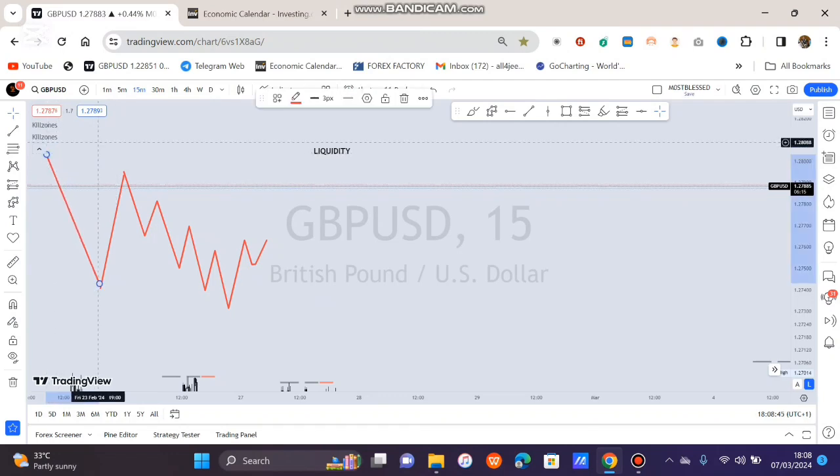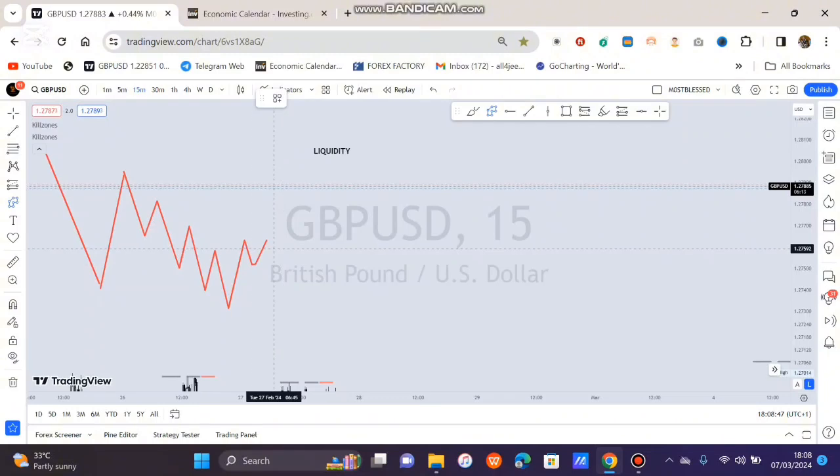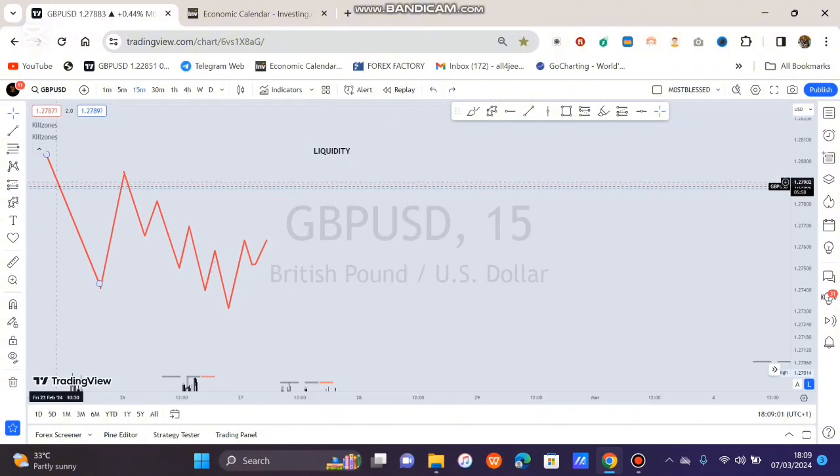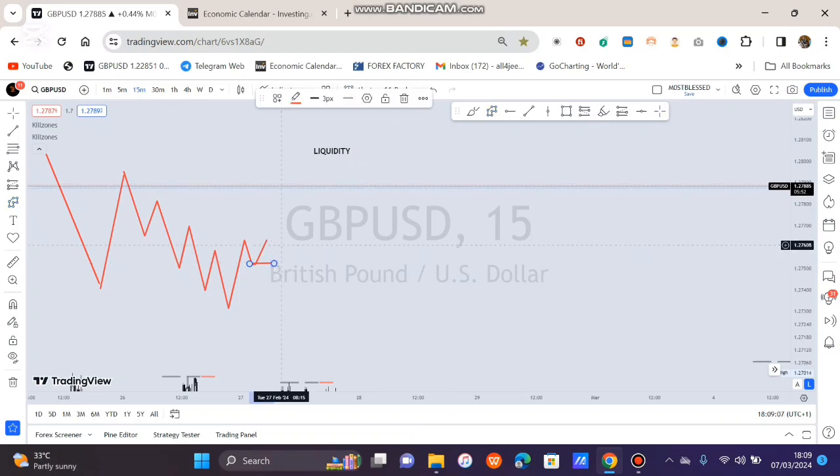So the first high after a break of structure is our primary inducement. That high is a fake high. The market will take that high.